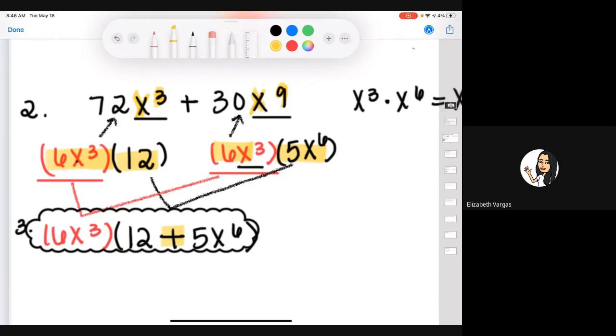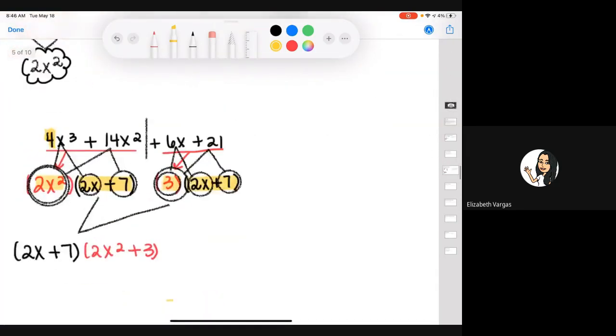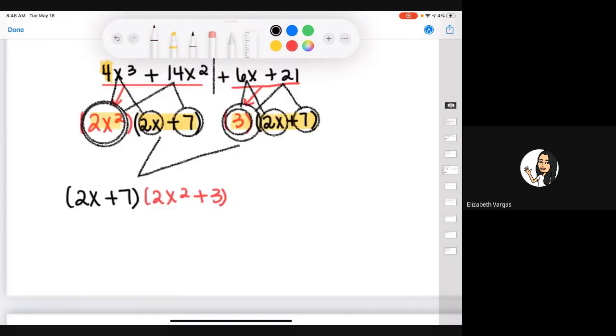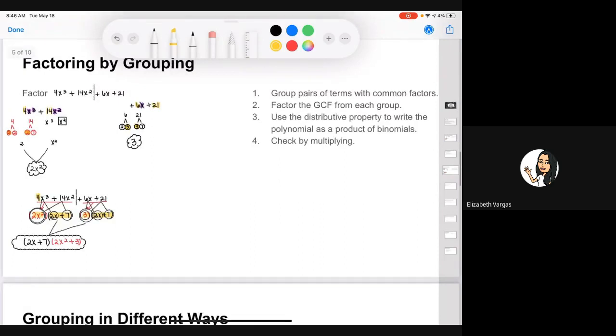So if you do have like terms the same, you only have to write it once. If you don't have like terms, then you only have to add it together. And so that's what I did here. And so therefore, this is my resulting expression, which is the simplified version of my original equation.